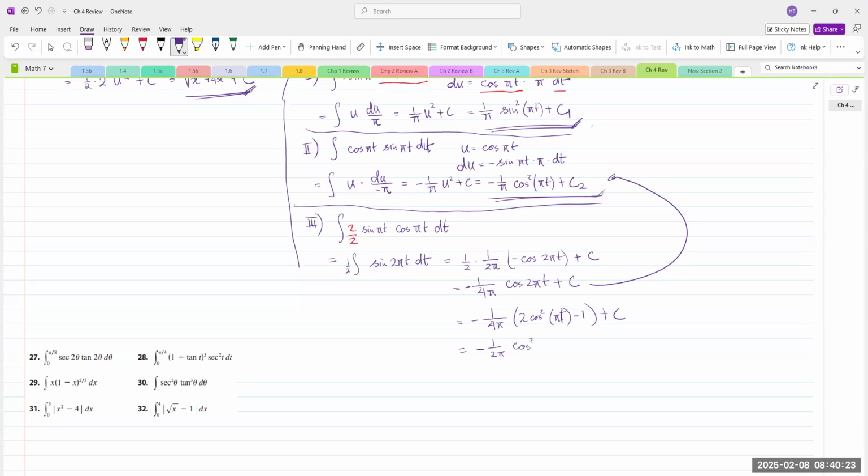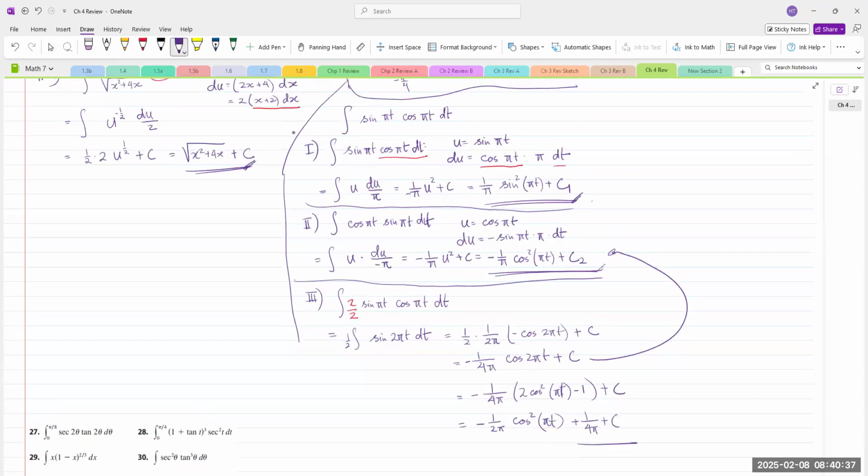Cosine squared. Let me just do it first. Plus 1 over 4 pi plus constant. Oh, yeah, when I integrated, I forgot the 1/2. Duh. Now it works.